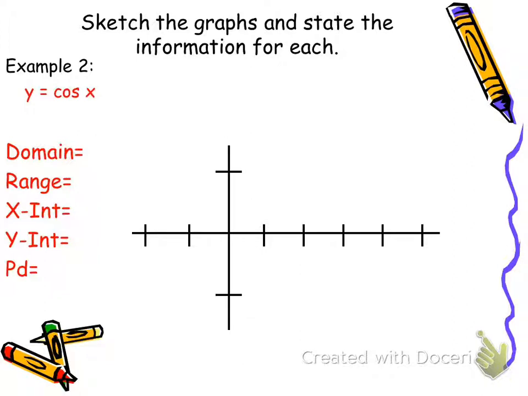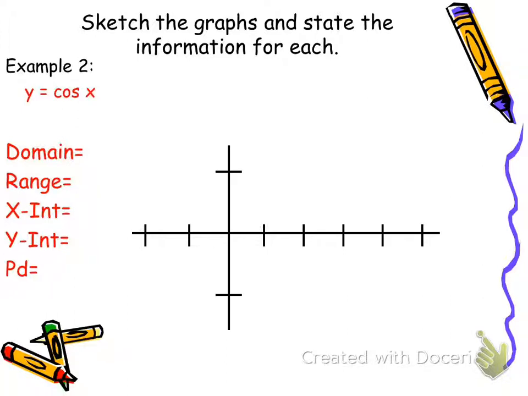All right, so everybody got at least your graph started here. Y equals cosine x. What's the starting point for cosine? Cosine of 0 is 1, and what do we do? Down to 0, keeps going down to -1, back up to 0, up to 1, and then it repeats itself.